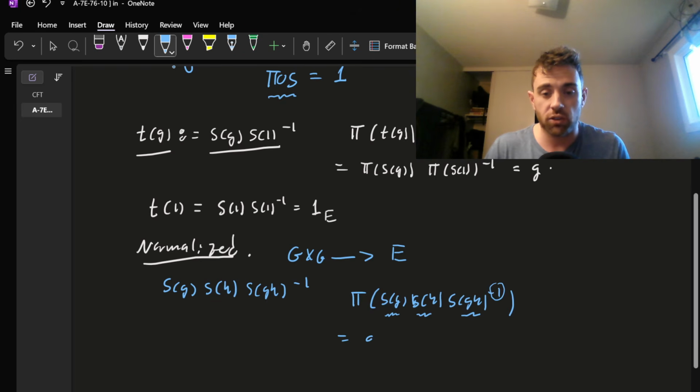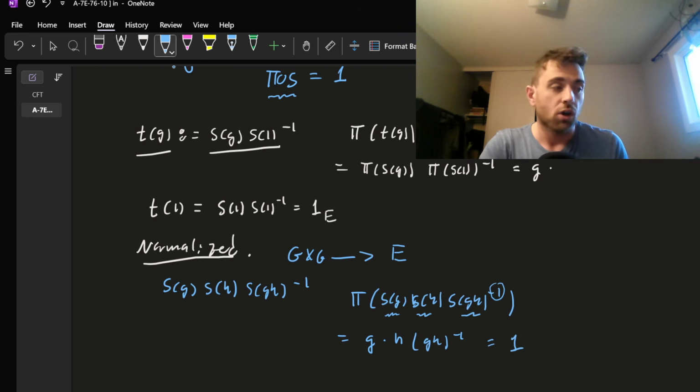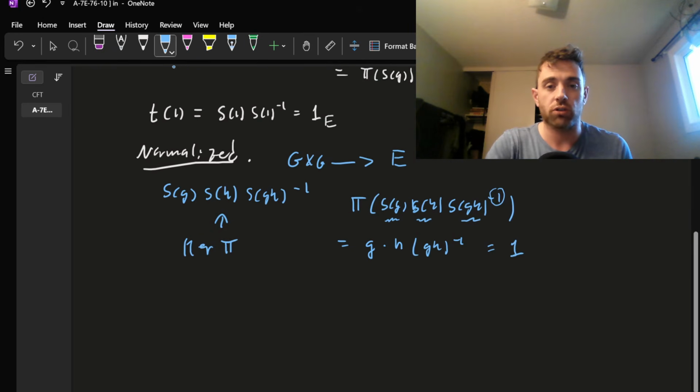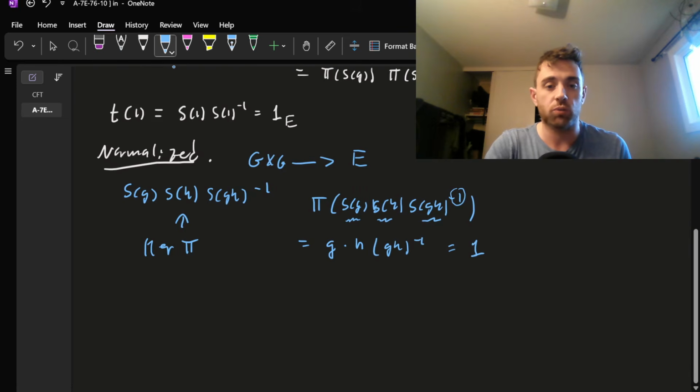And the point is that, because S is a section of G, this becomes g times h times gh inverse, which of course is the identity. So what does that mean? Well, that means that this expression here is in the kernel of pi. But because we started with an exact sequence, we know that the kernel of pi is exactly equal to the image of A.